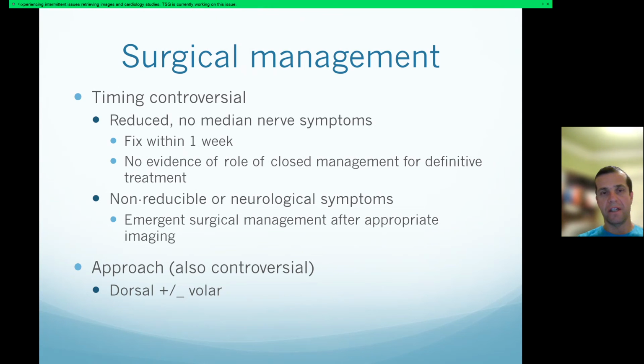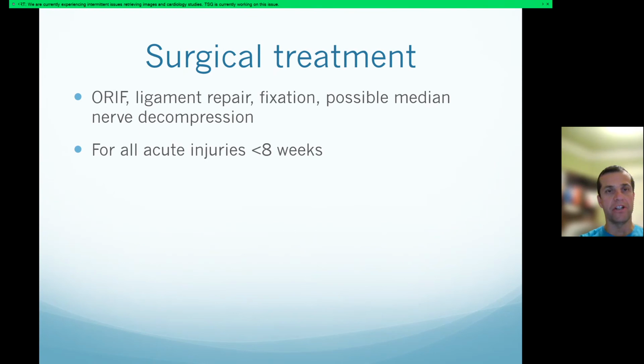In patients with neurological symptoms or non-reducible injuries, emergent surgical management is necessary, as mentioned earlier. The approach is also slightly controversial at this point, as the most accepted approach is dorsal, and many others suggest adding a volar approach, and I do think myself in my practice that the volar approach has some benefit in some patients.